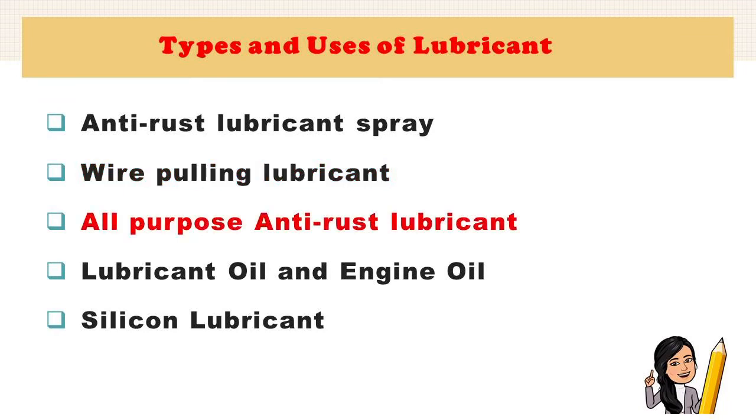All-purpose anti-rust lubricant is for overall anti-rust lubricating, rust removal, decontamination, and conductance. Lubricant oil and engine oil lubricate the gear, clean and protect, and drive out moisture. Silicone lubricant is heat-stable, protects, reduces friction and is water repellent.